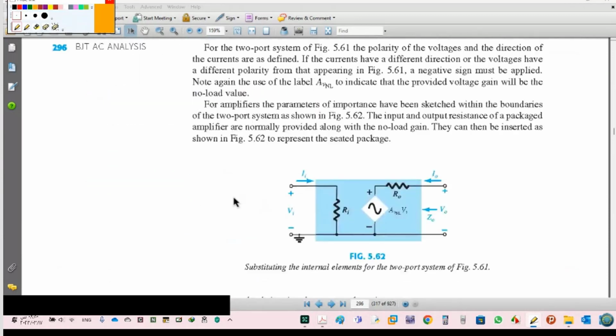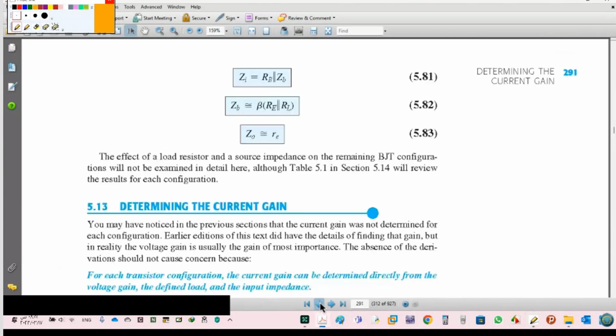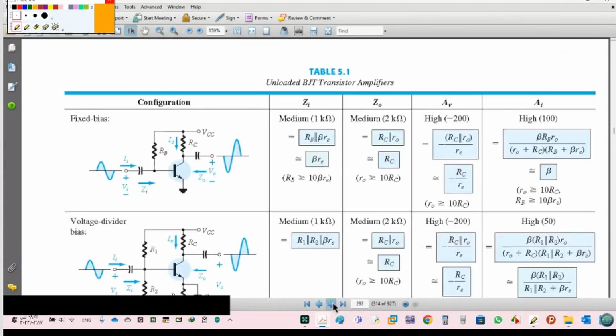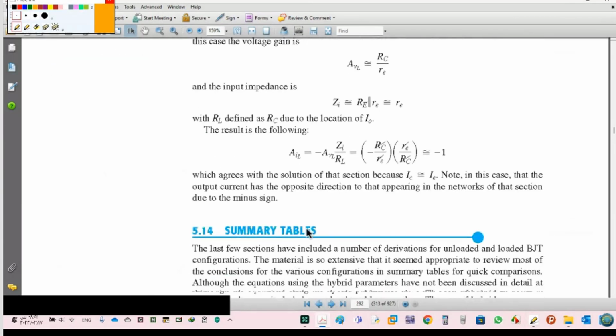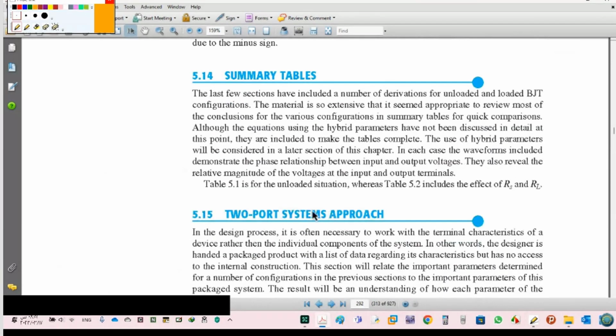And here we will talk about something in general. For next week, about something here they skipped, called the two-port system approach. Until now, we studied the equivalent model for BJT, and we found what's called re.